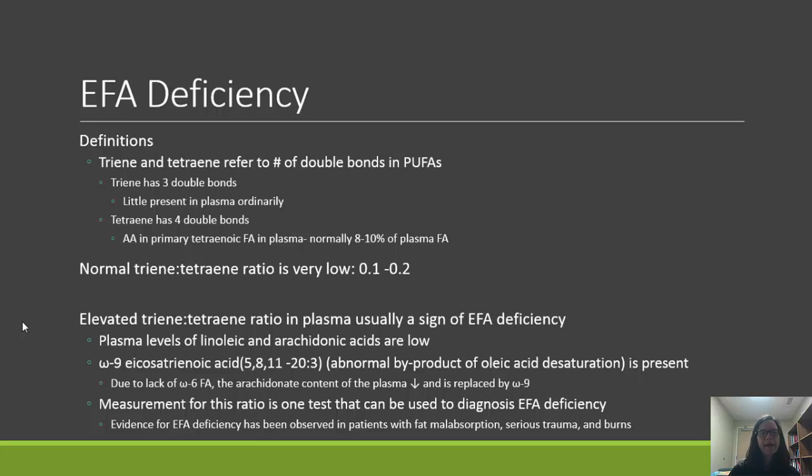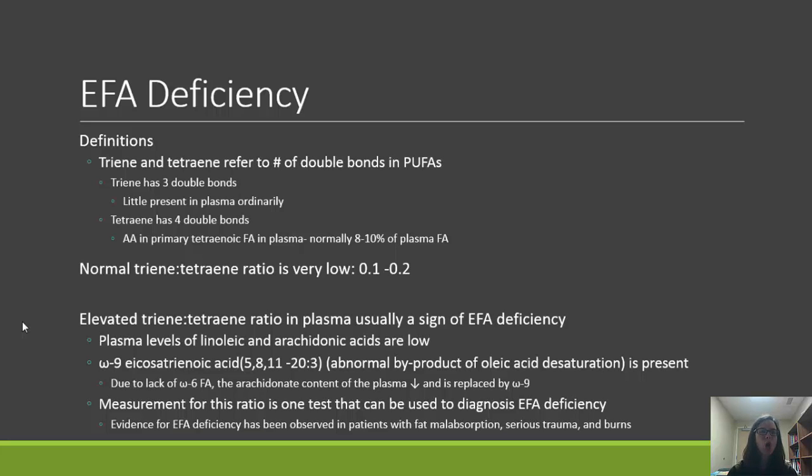However, when we have an elevated triene to tetraene ratio in the plasma, it's usually a sign of essential fatty acid deficiency. And this is indicating that our plasma levels of linoleic and arachidonic acids are low.